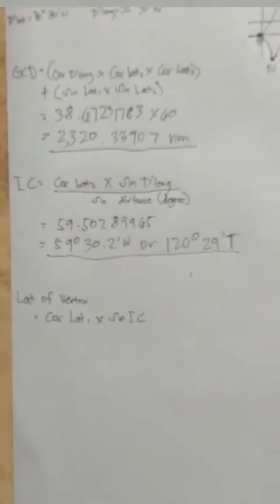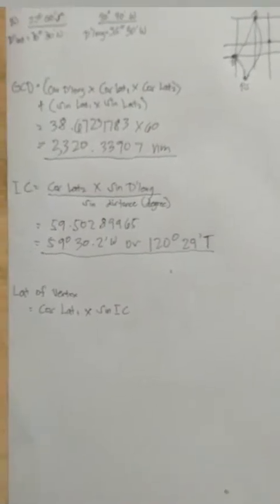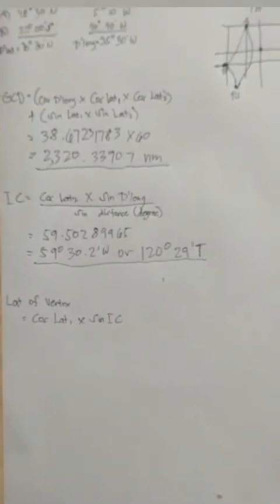First, we have to find the latitude of vertex. This is the formula: cos lat 1 times sine initial course. We have to write it to avoid confusion.